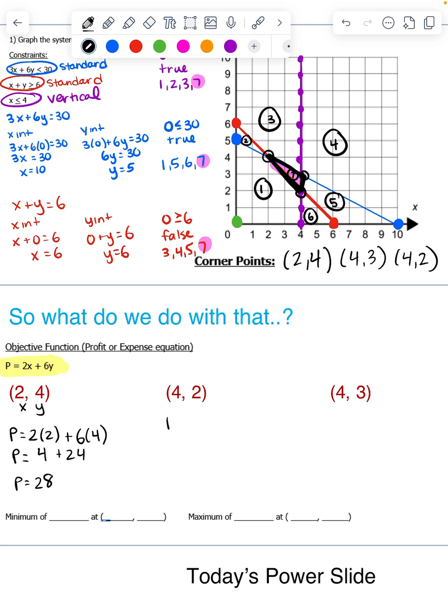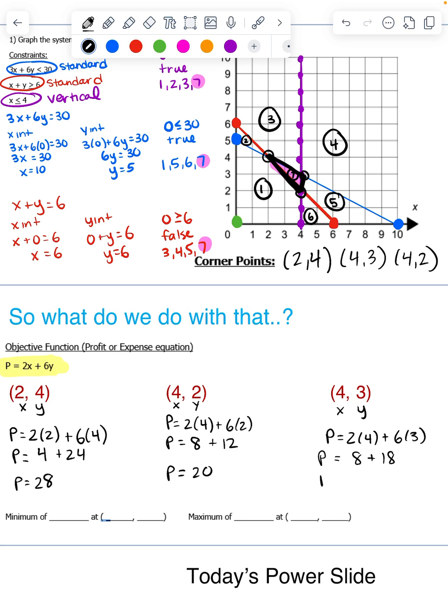Okay, so if I'm doing the objective function here, I'm going to plug 4 in the x spot and 2 in the y spot. 2 times 4 plus 6 times 2. 8 plus 12. So I get a p of 20. And then if I'm plugging it in for this last function, 2 times 4 plus 6 times 3. 8 plus 18. So I end up with a p of 26.